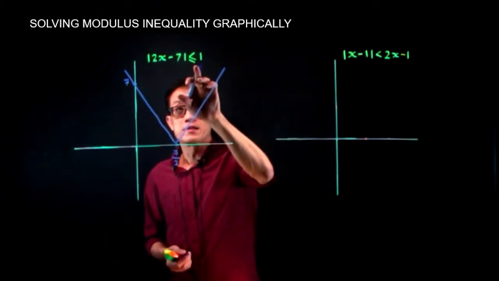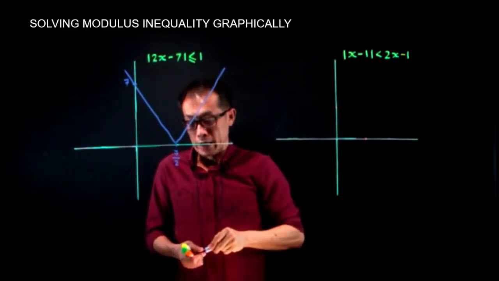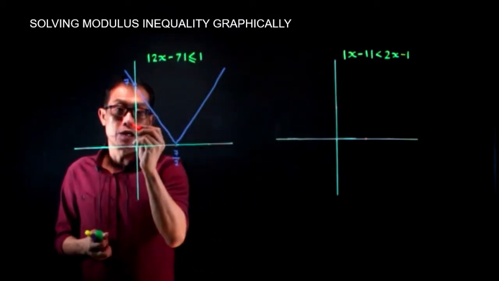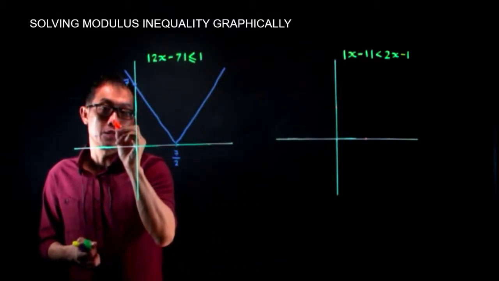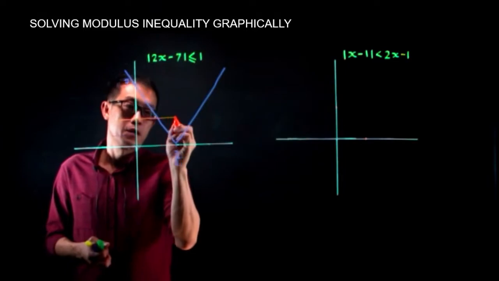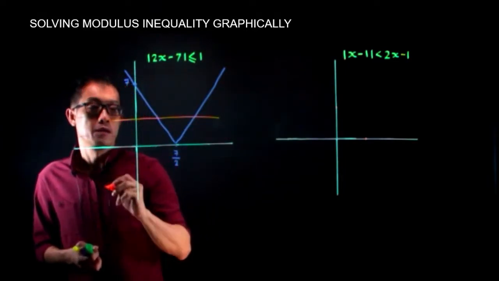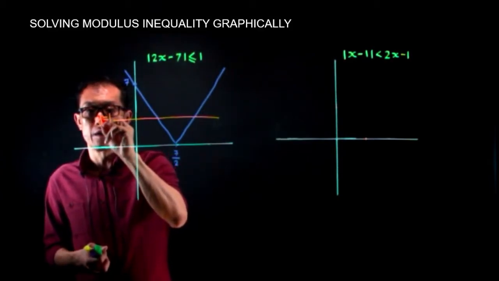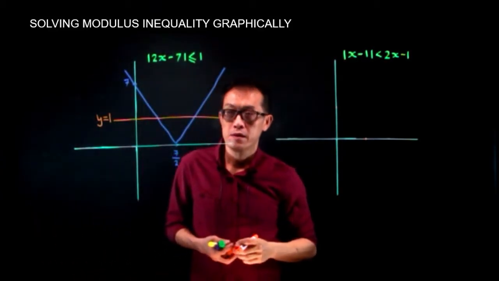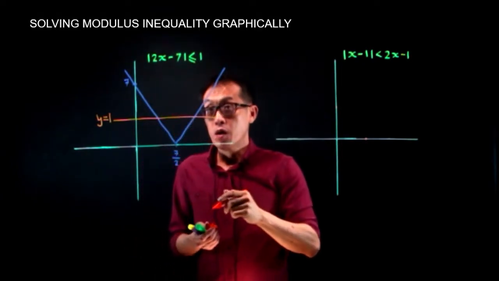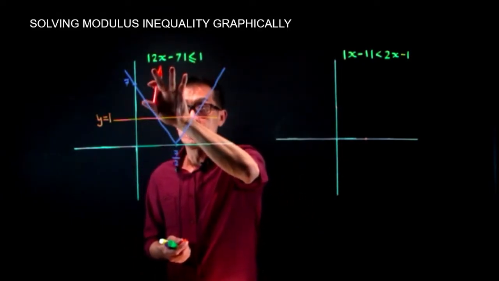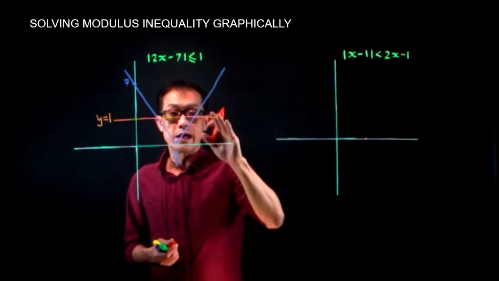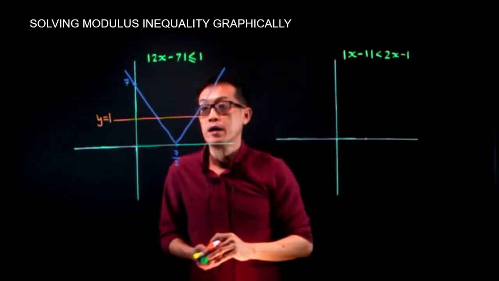Now, where is the line y equals to 1? Let's say this is the line y equals to 1. Now you want this graph modulus of 2x minus 7 to be smaller than 1.